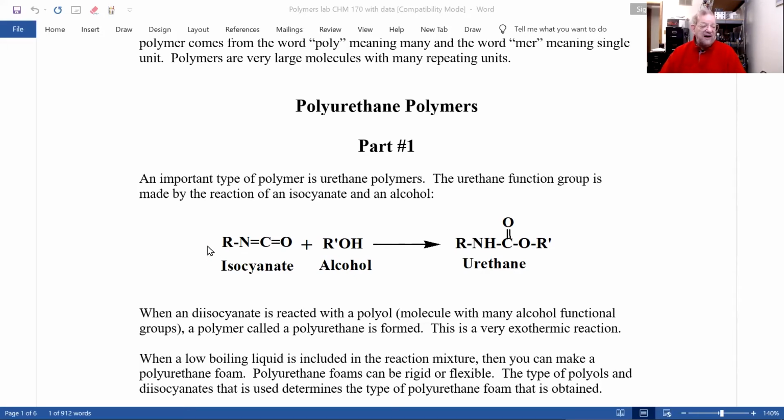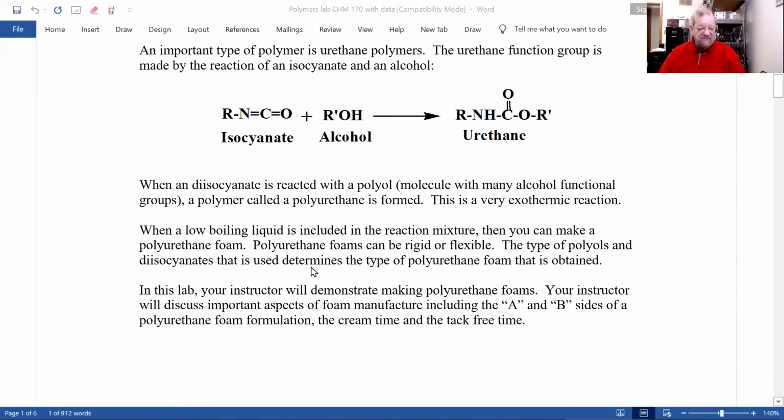Now, when you make a polymer, you use a polymeric isocyanate, which has more than one isocyanate in the molecule. And for the alcohol, use a polyol, poly meaning many, OL alcohol, where you have a lot of hydroxyl groups. Usually you use sugar, sucrose, which I'll teach you about later on.